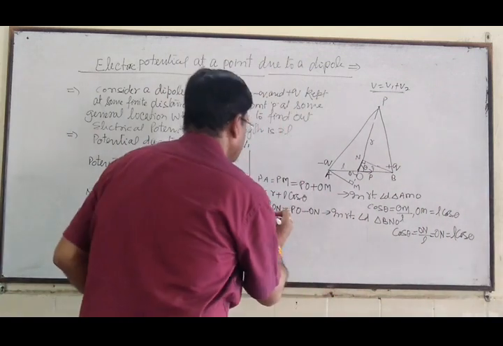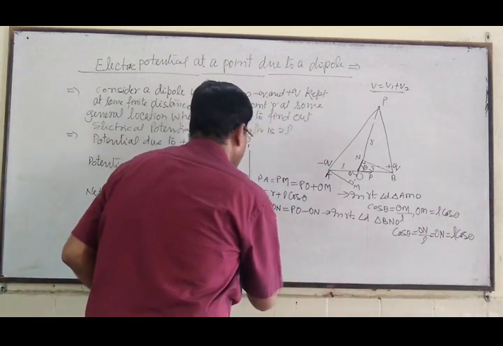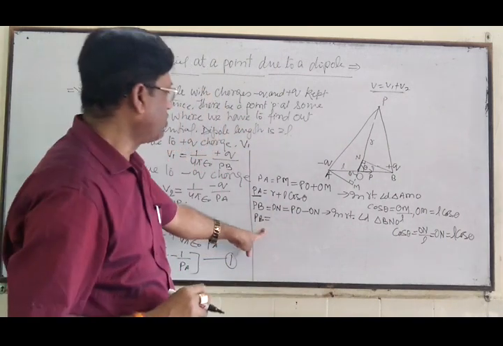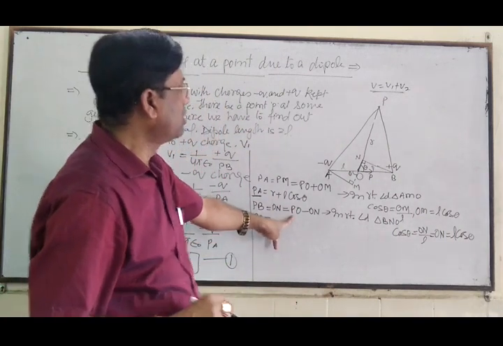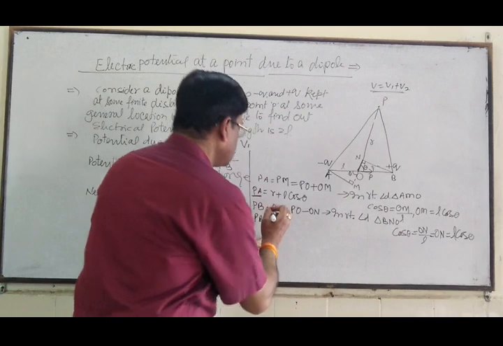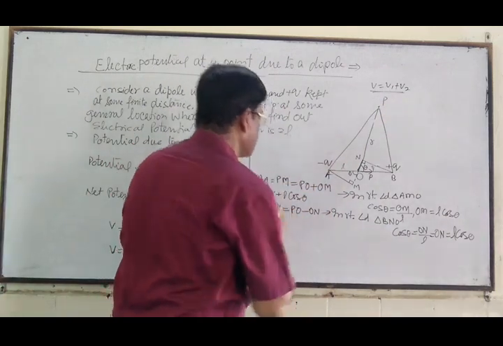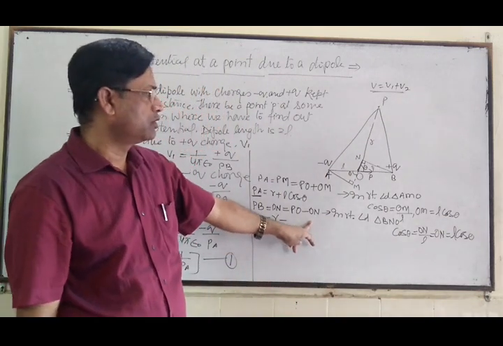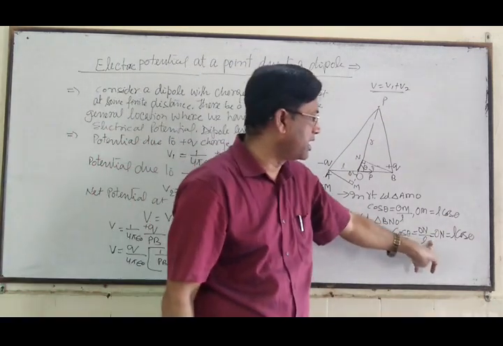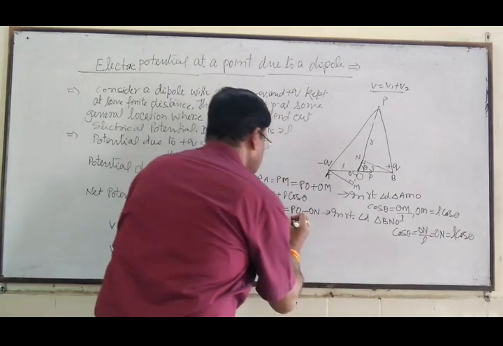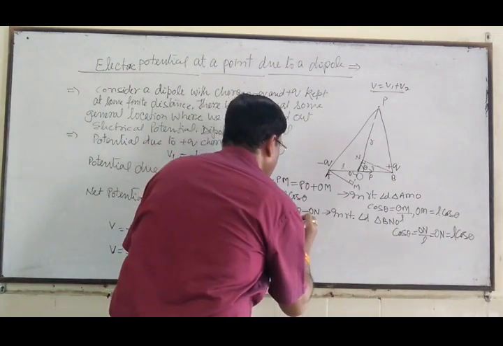Put this value here. Then PB will be equal to PO. What is PO? PO is R. Is it clear? That is R minus ON. The value of ON we have calculated here, that is L cos theta.